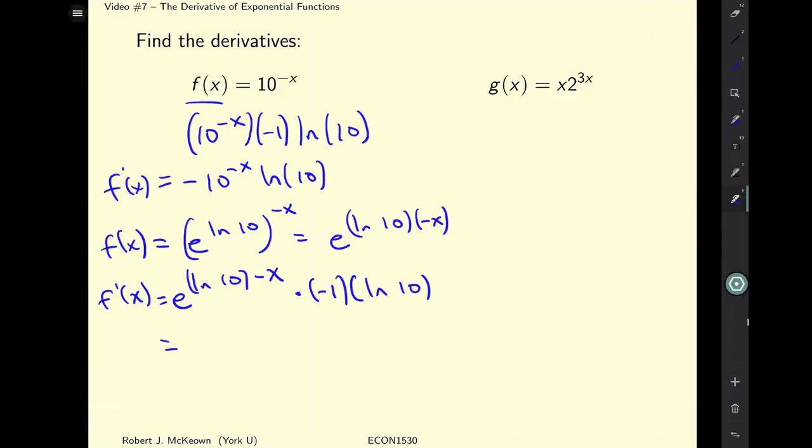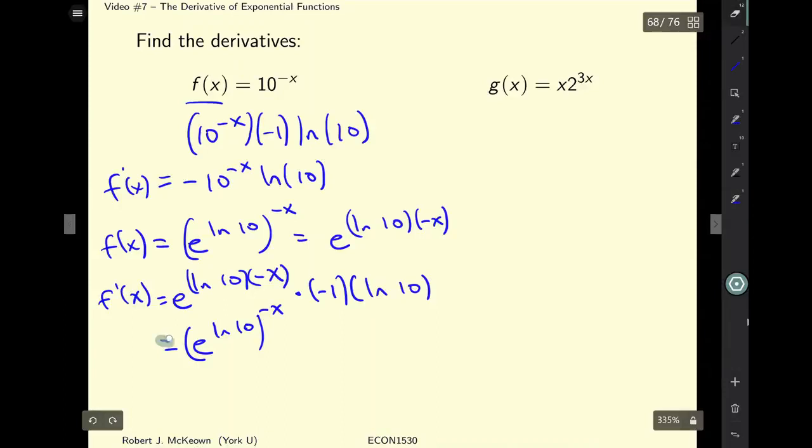And then, returning, just do a little cleaning up here. Times log 10.